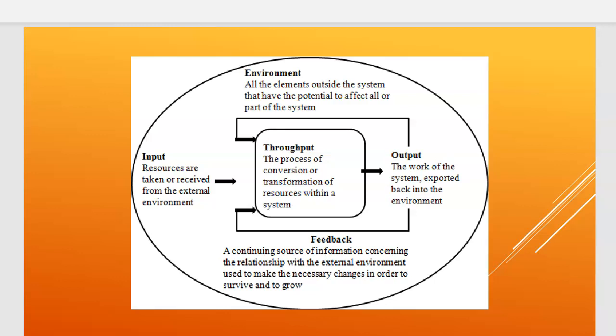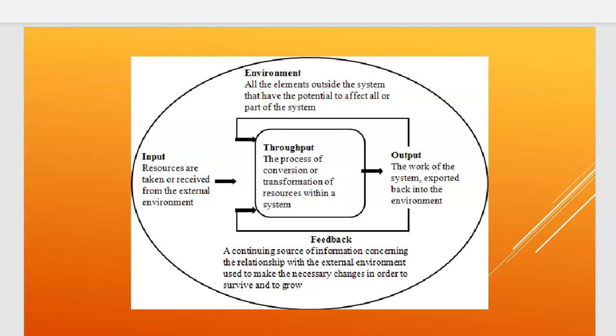It goes through the system into output, the work of the system that's exported back into the environment. And then at the bottom of the diagram, you have feedback, which is a continuing source of information concerning the relationship with the external environment that's used to make necessary changes in order to survive and grow.